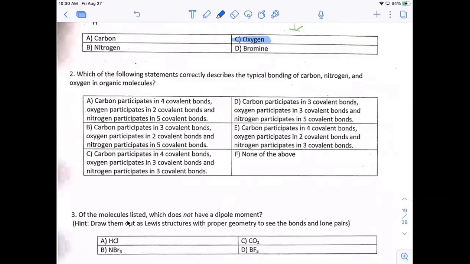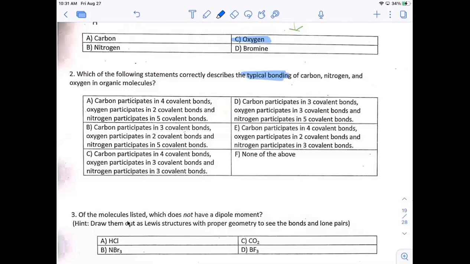Which of the following statements correctly describes the typical bonding of carbon, nitrogen, and oxygen in organic molecules? We just talked about that too. Which ones can you rule out? Look at what it says. It says typical bonding. So that's under normal conditions with no charges or no special cases.